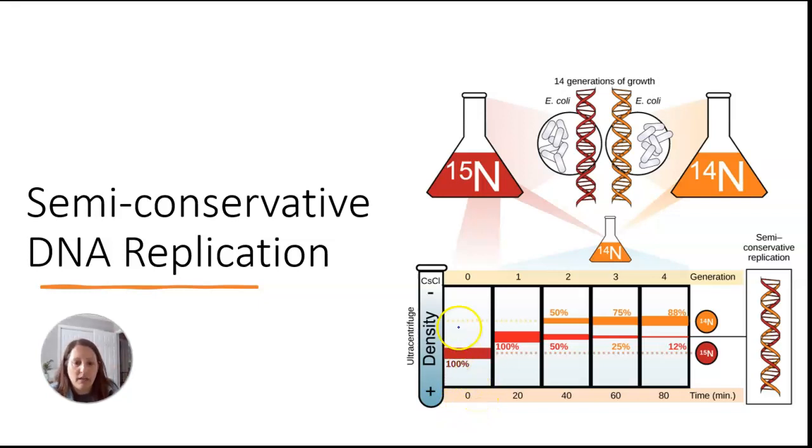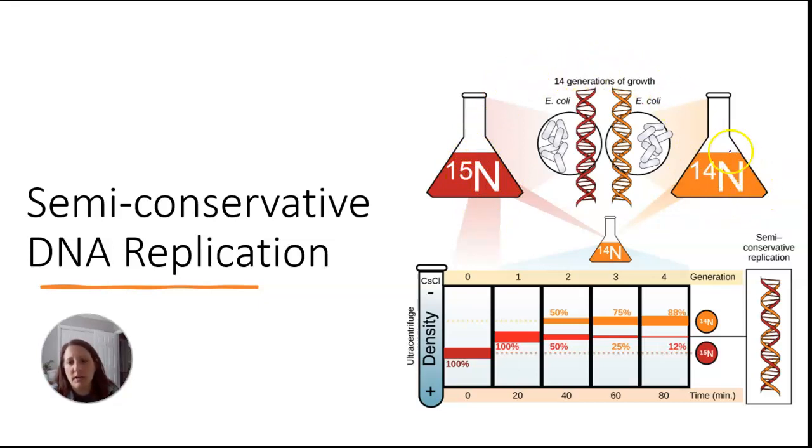All of the DNA from this original culture that has only seen N15 is going to have just nitrogen 15. And so we're going to get one single thick band down here towards the bottom of the density gradient. So all of the DNA is heavy. We then take some DNA out of this culture and put it into this culture.